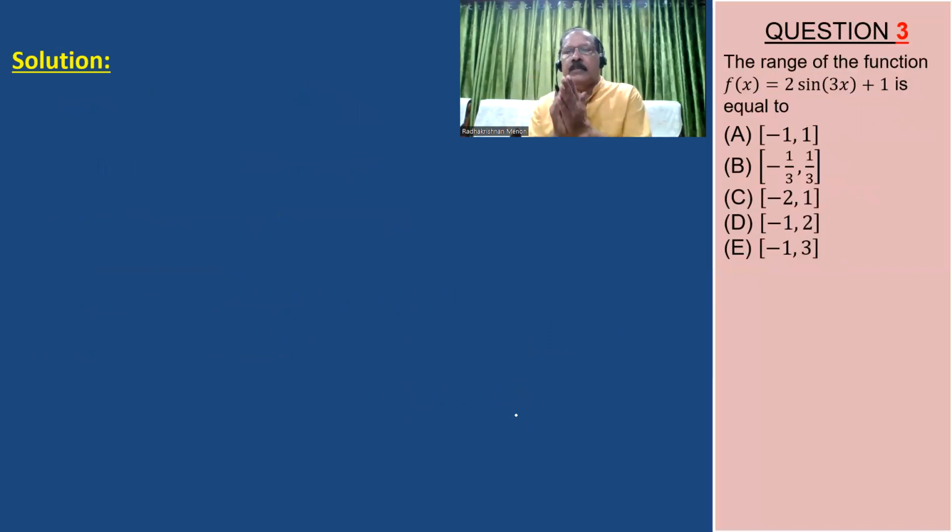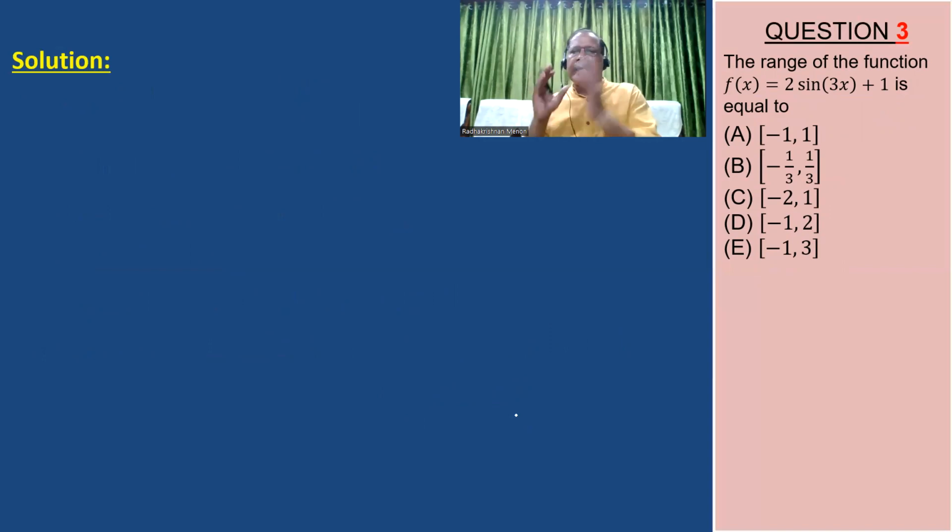So range of a function. What do you understand by that? The interval in which f of x lies. So on RHS, f of x is defined as 2 into sine 3x plus 1.